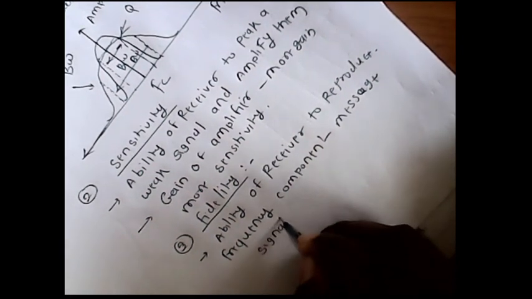That is called fidelity. And to avoid distortion in the received signal, the fidelity of the receiver should be high.